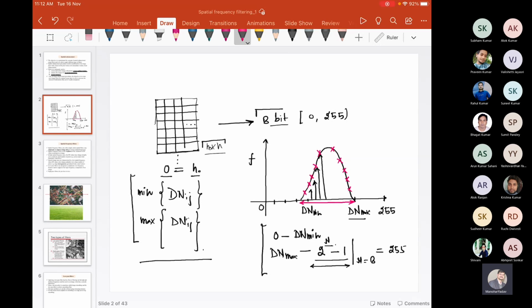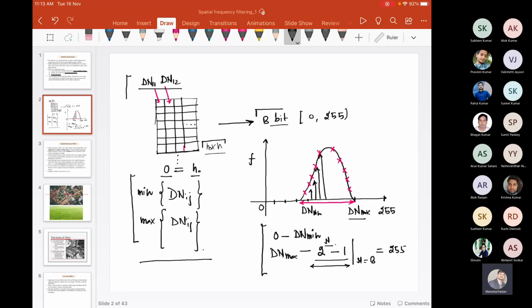In this case, what is happening? Once you see the image, let's consider two successive digital numbers in terms of their proximity. Let's say this is DN11 and this is DN12.